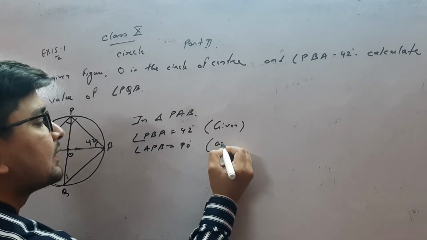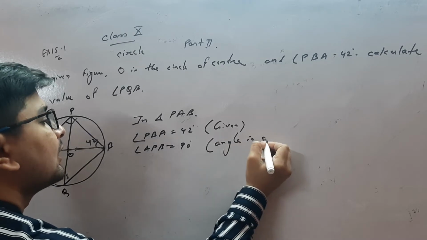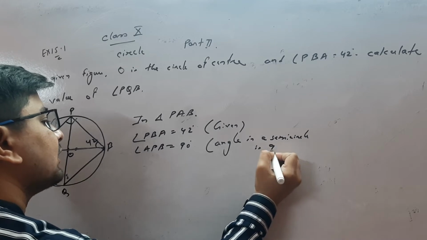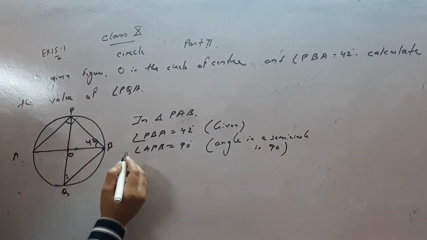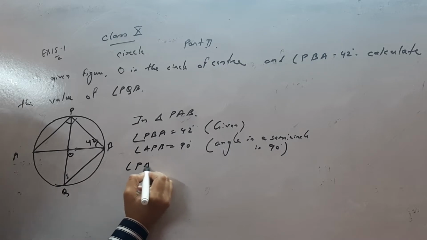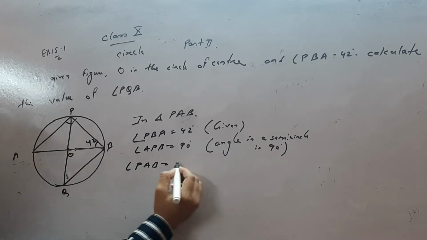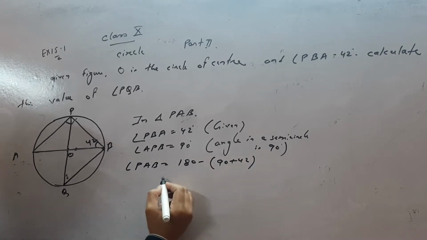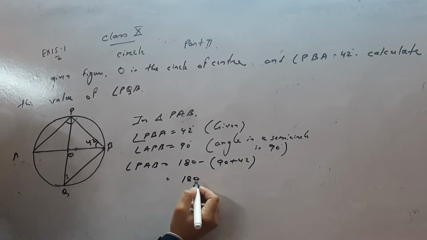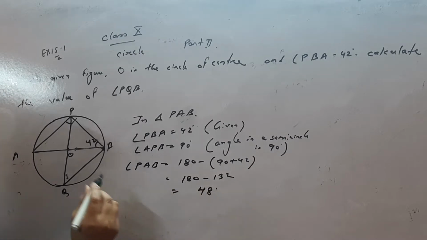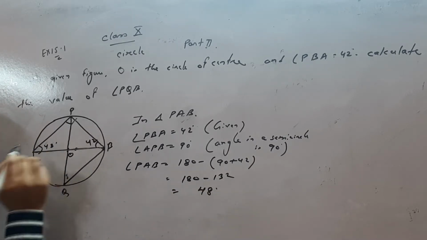So the reason is angle in a semicircle is 90 degrees. So angle PAB, that means this one, how? 180 minus (90 plus 42). So 180 minus 132, that is 48. So this one is 48.